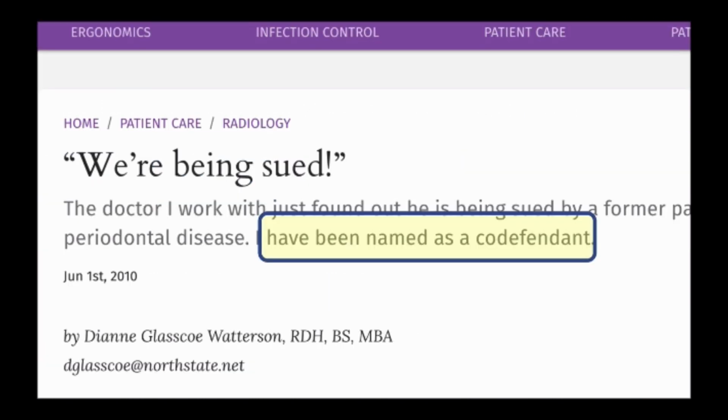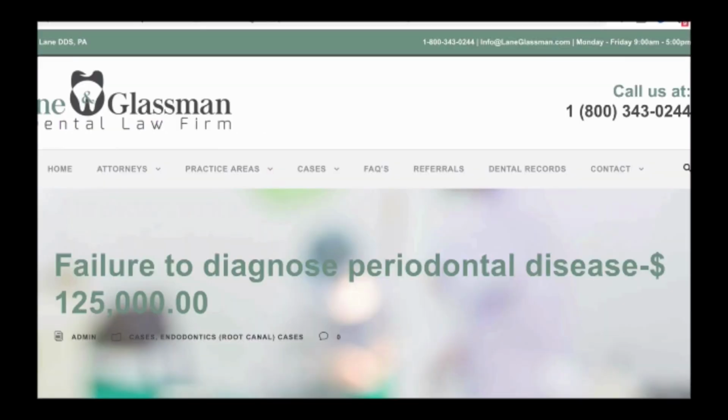And it's not just us, the dentists, it's also our clinical staff, our hygienists will be sued. The average lawsuit is somewhere between $125,000 and $400,000, more or less. It's not a small amount. Yes, we have insurance, but this is big.